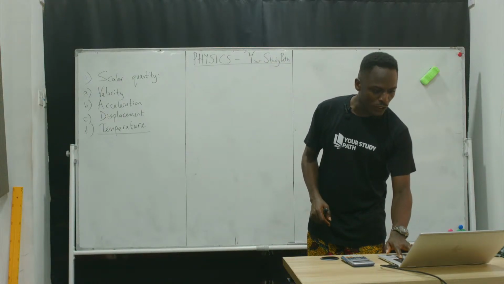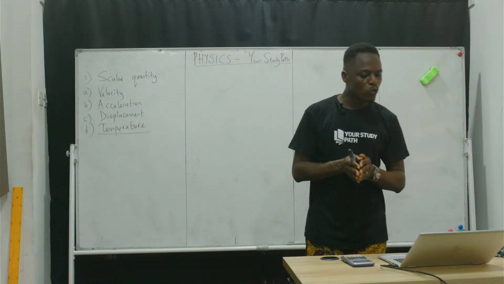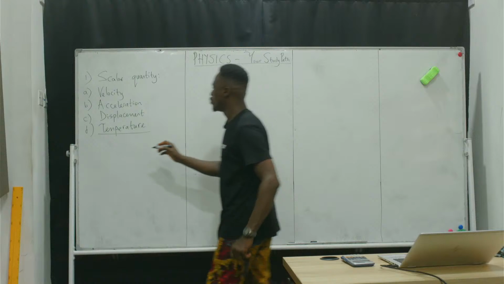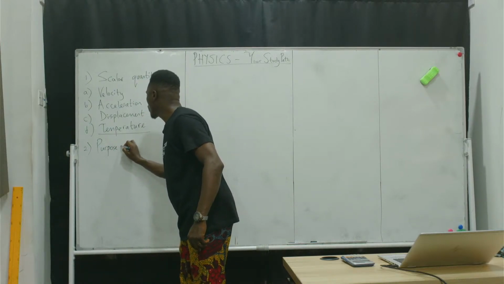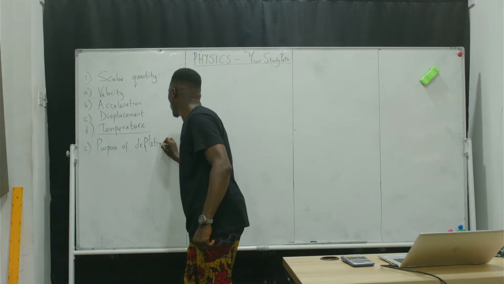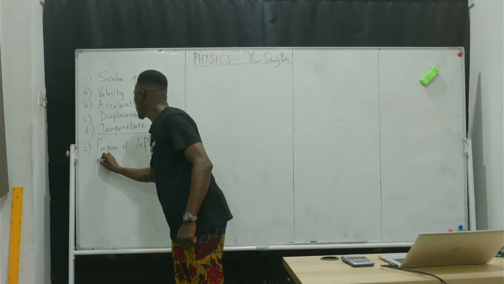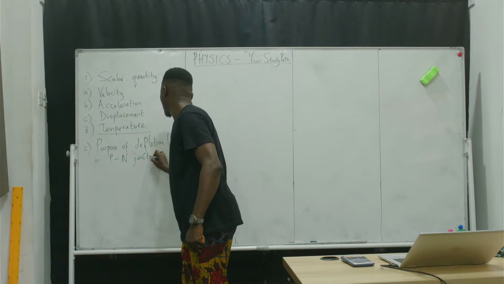Number two, question of the day. We are told about the primary purpose of the depletion region. Number two: purpose of the depletion region, or we call it the depletion layer, in a PN junction diode.